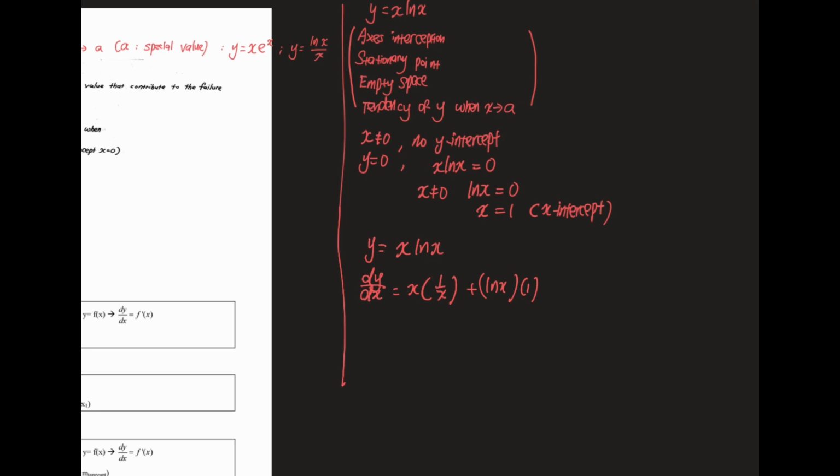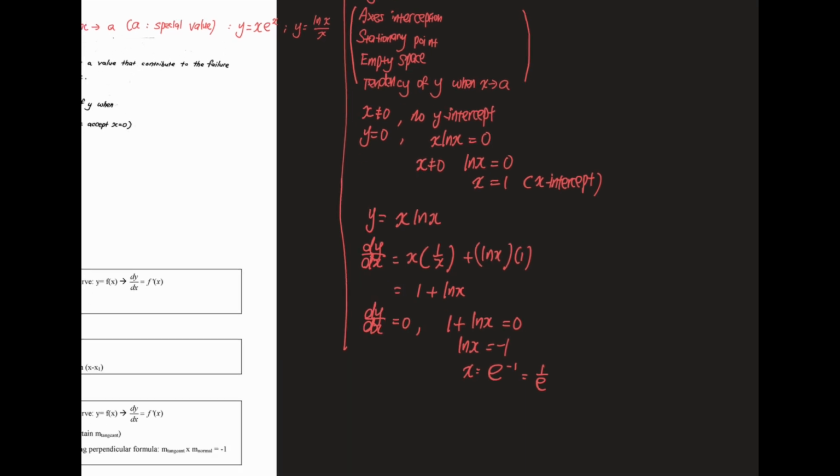This is the result of applying the product rule. So we have 1 plus ln x as our dy/dx. To find the stationary point, we let dy/dx equal to 0. Then we end up with 1 plus ln x equal to 0, ln x equal to -1, x equal to e to the power of -1, or 1 over e.